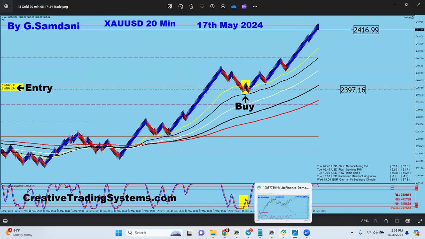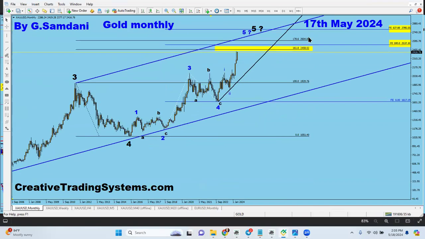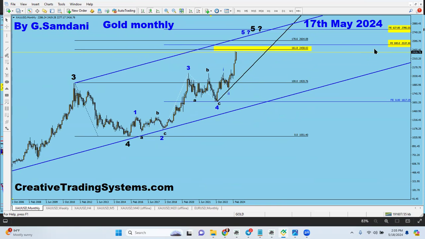Now, this is the trade that I took on Friday. So this is what's happening here. Look at the monthly chart. This is my new chart that I just made. This is probably the target. So maybe if you look at this wave three, 100% is coming here, and then 161% of this, here.